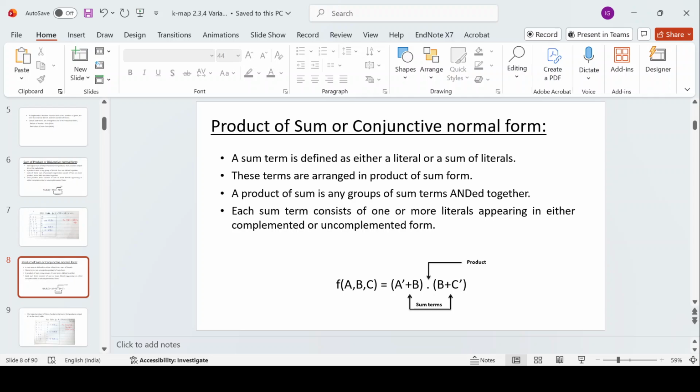An example of product of sum is the given function f equal to a dash plus b into b plus c dash. Here a dash plus b is one sum term, and b plus c dash is another sum term. These two terms are connected together with the help of AND. This is the best example of product of sum. We can say the product of sum is the conjunctive normal form.